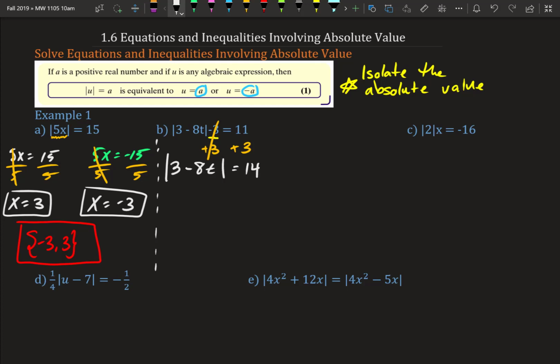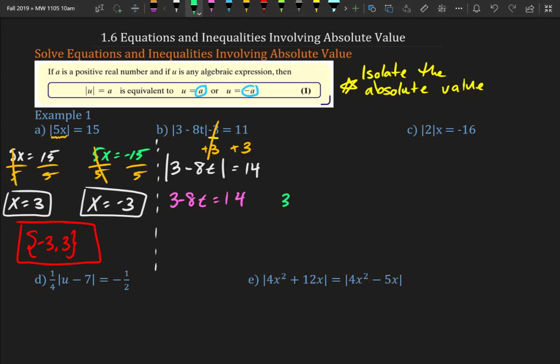Now that the absolute value is completely by itself, we're going to go ahead and split this into two equations. One of the equations is exactly the way it looks without the bars. So 3 minus 8t equals 14. And then the second one, the A is going to be the same, so inside the bars will be the same, but it's going to equal the negative value or the opposite value.